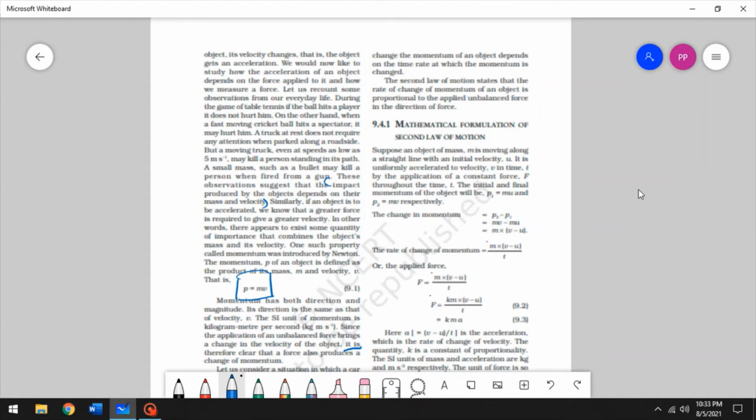So the second law of motion states that the rate of change of momentum of an object is proportional to the applied unbalanced force in the direction of force.